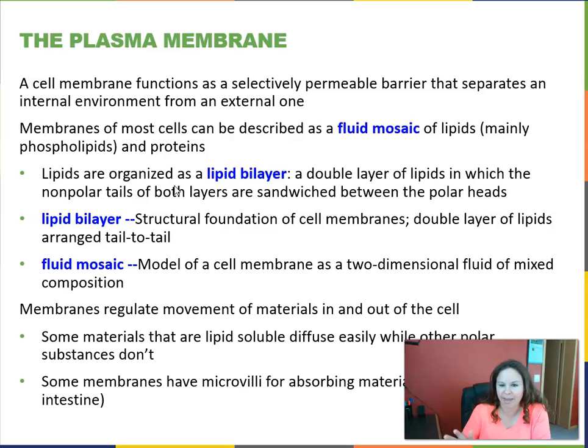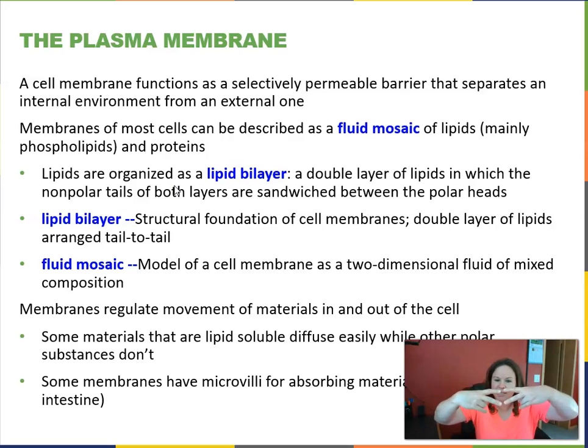Those ends point outward, and then there are little tails on the other side that are hydrophobic, that don't have the phosphate group. They point inward. On my hands here, think of this area as the phosphate group, the hydrophilic end, and the hydrophobic end are the tails, the 2 fatty acid chains.